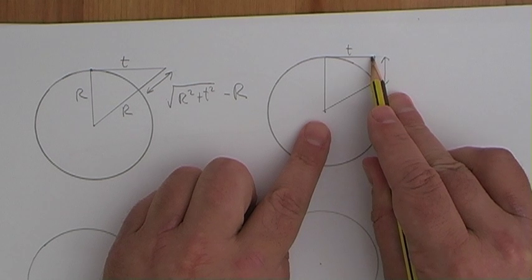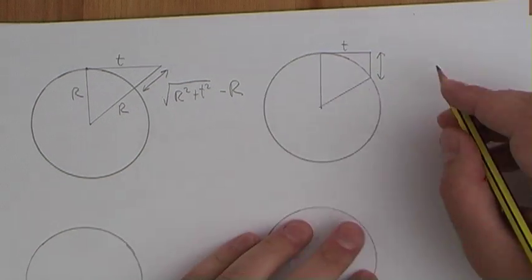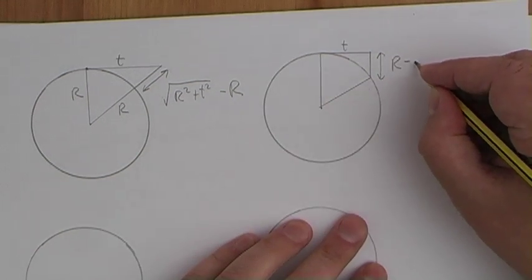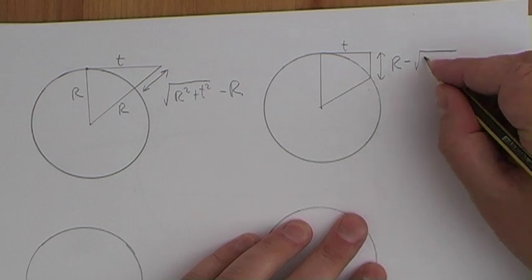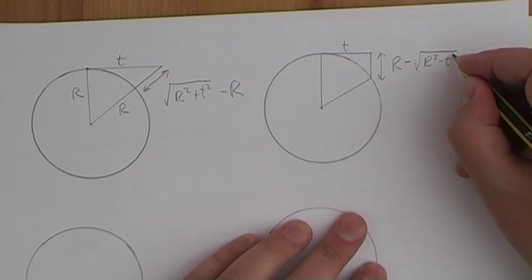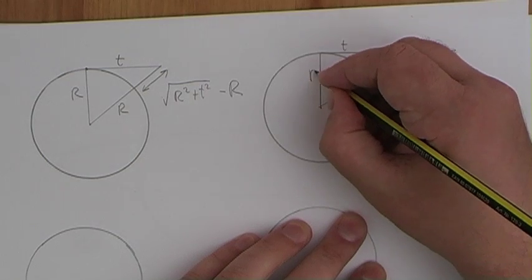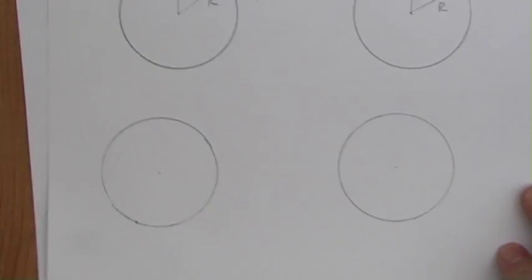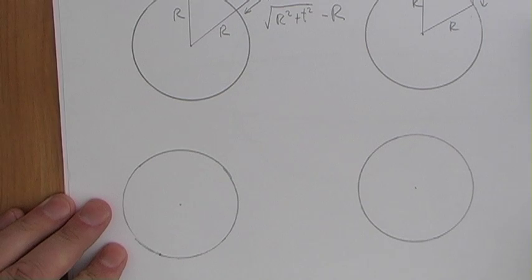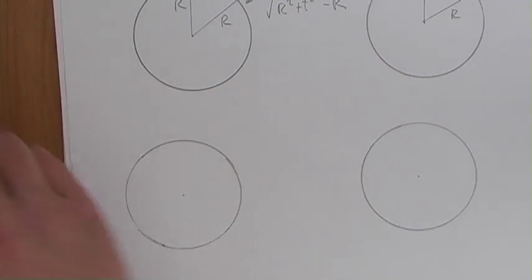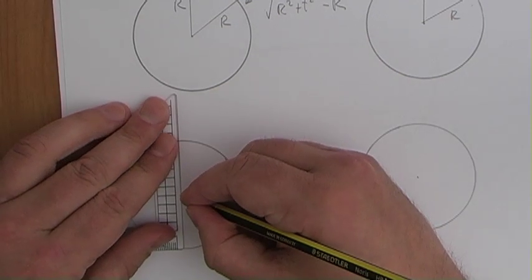So you go along there and you go down. Well, what's that going to be? That's going to be r minus the square root of r squared minus t squared, where r is the radius.